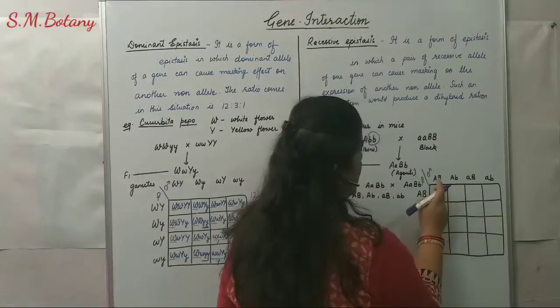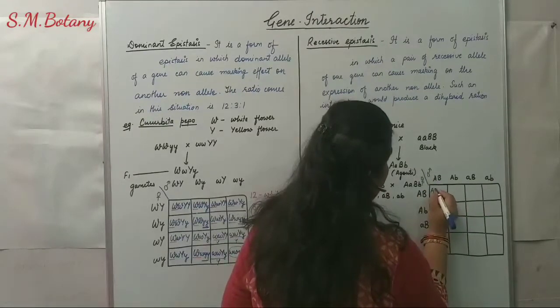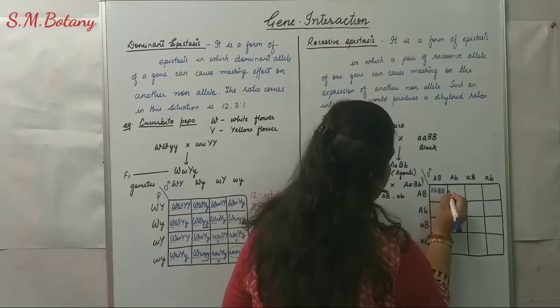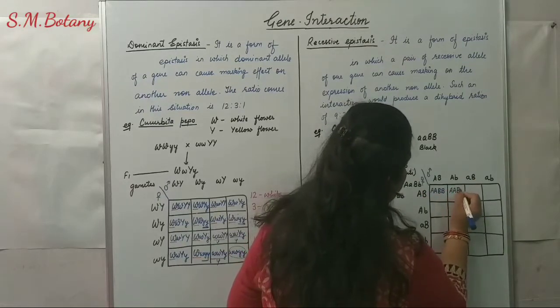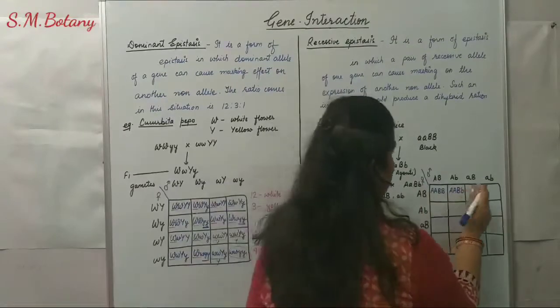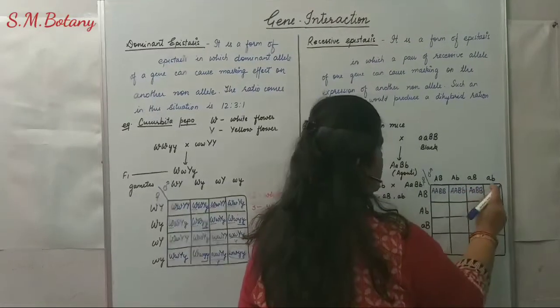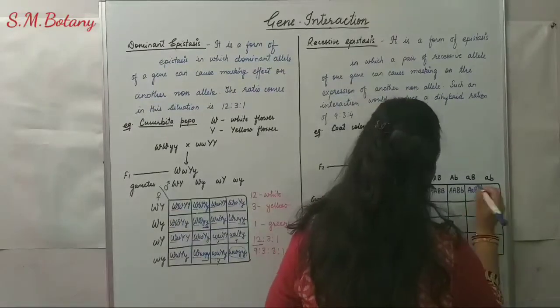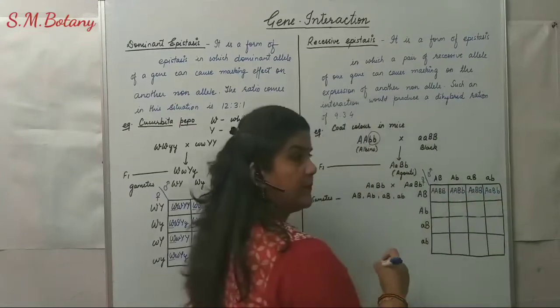Here we make a cross between capital A and capital B. Now capital A, capital B. Again capital A, capital B, small b. In third one capital A, small a, capital B, capital B. Fourth one we get capital A, capital B, small b.